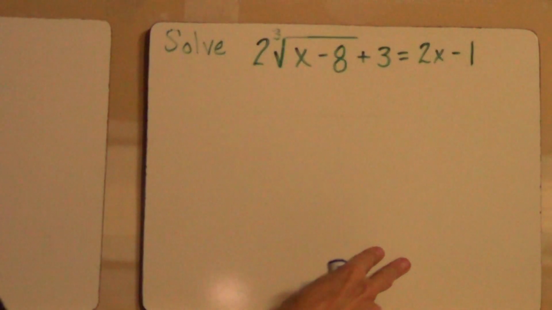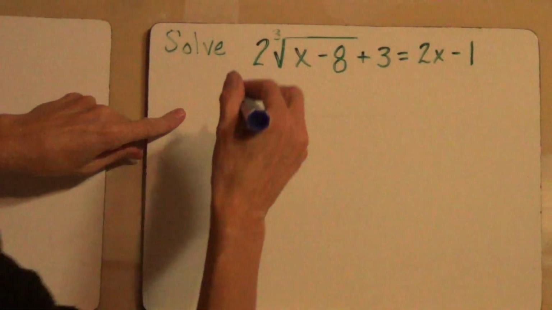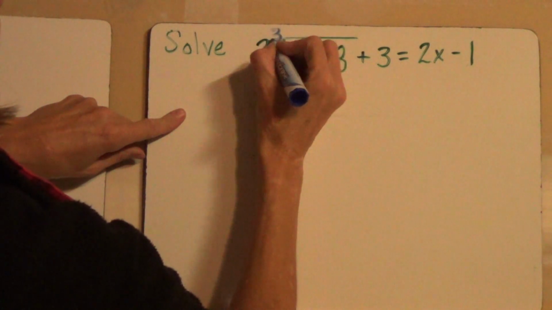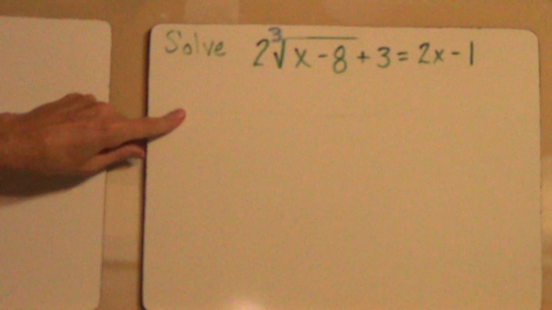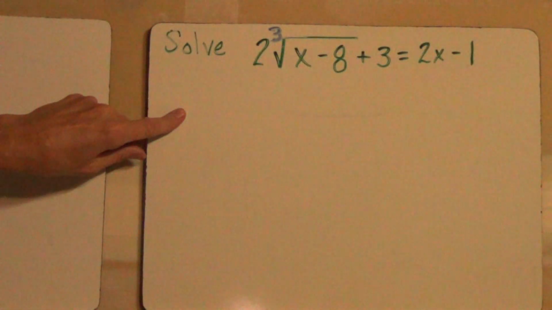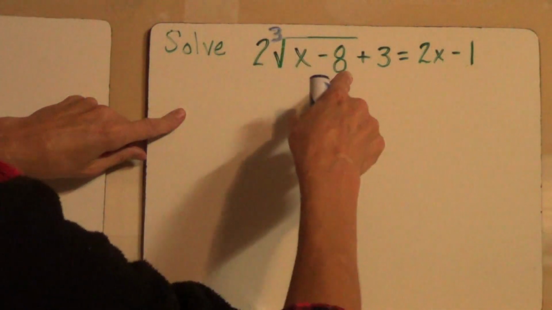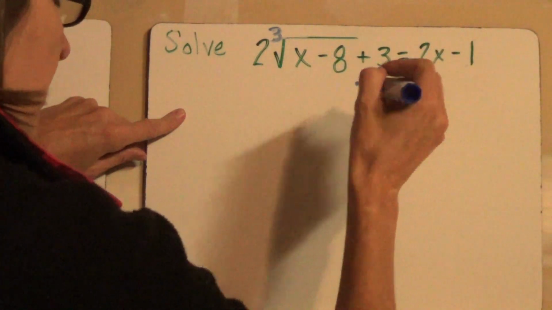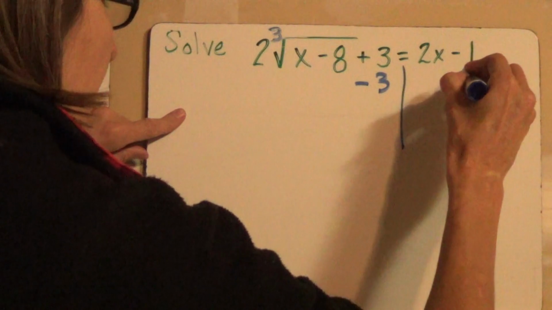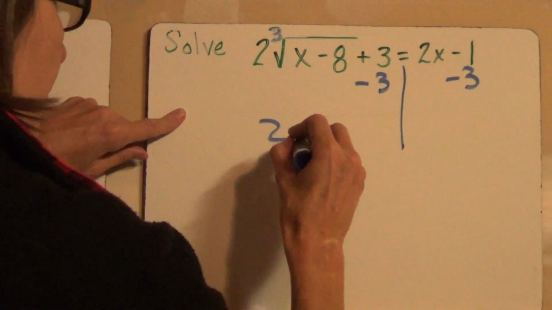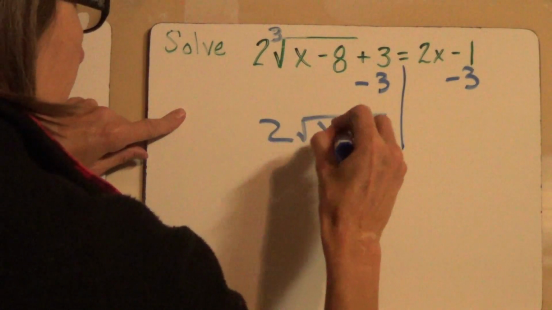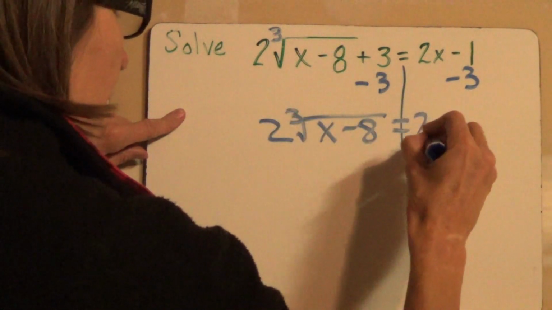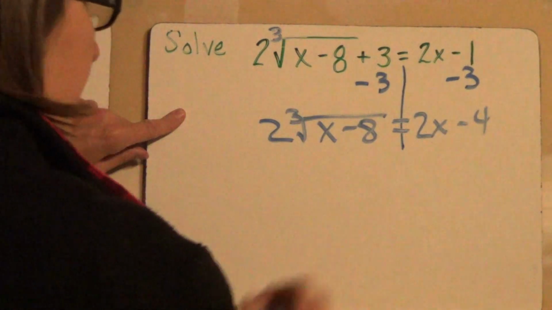Okay, so now we solve this one. We have a cube root. Again, you want to get the root by itself first. So we would draw our line, and up the PEMDAS, subtract 3, we'd have 2 times the cube root of x minus 8 equals 2x minus 4.